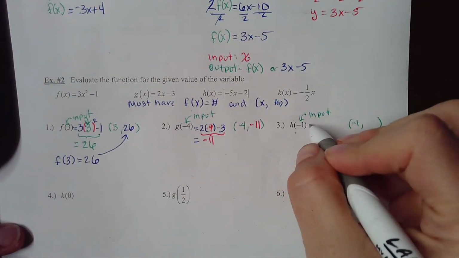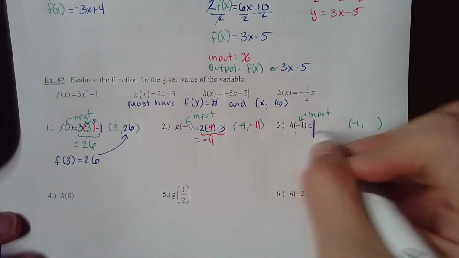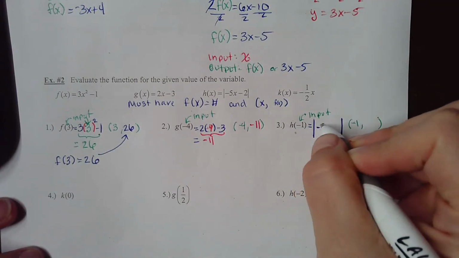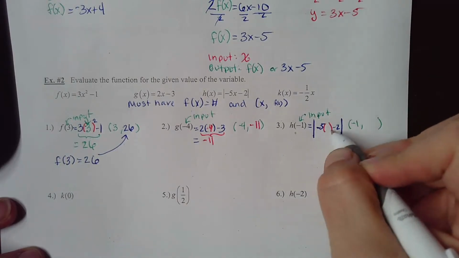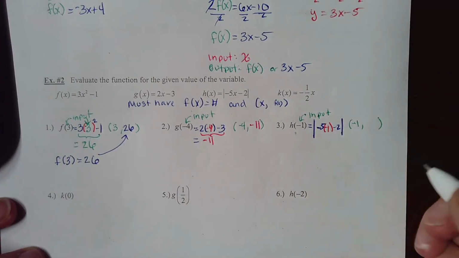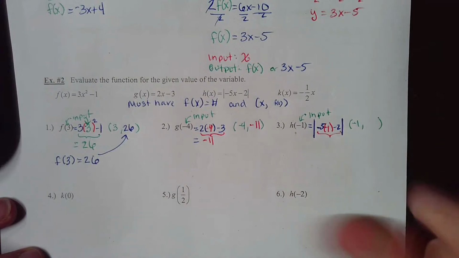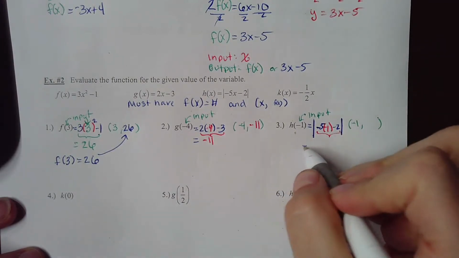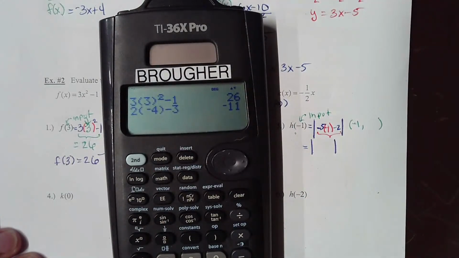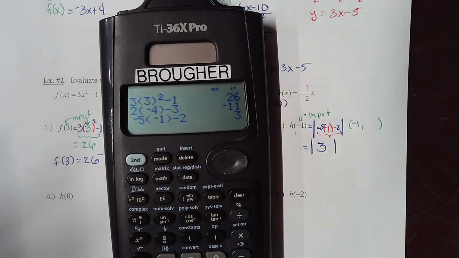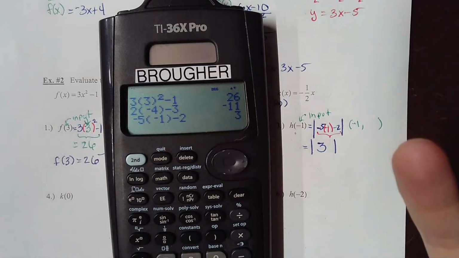Let's look at H. Now H is an absolute value, and there's a couple things we need to remember about an absolute value. One is that we can't use normal parenthesis rules. We're going to have to figure out the math here and keep our absolute value. So I'm going to just do -5 parenthesis -1 minus 2. I get 3. Now the absolute value can't be used until we explode it.